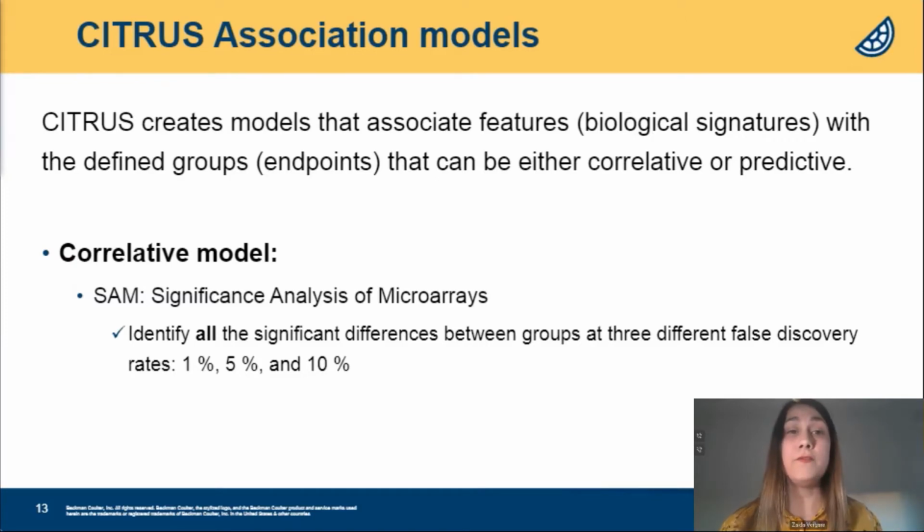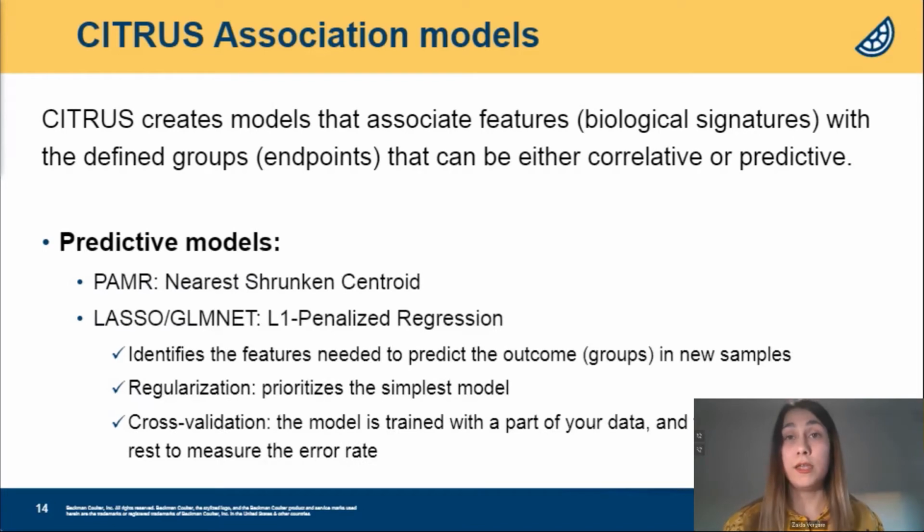On the other hand, if we use the predictive mode, if we look at the predictive models, as we will do today, we are going to have 2 algorithms, either PAM or LASSO. But both of them are going to identify the features that are needed to predict the outcome in new samples. And both of them are going to use regularization and cross-validation to show us the model that better predicts the outcome.